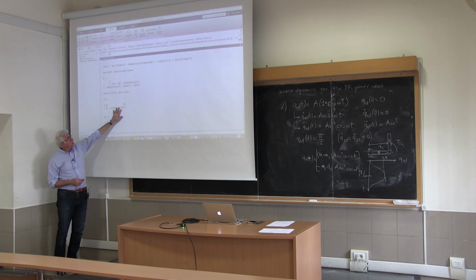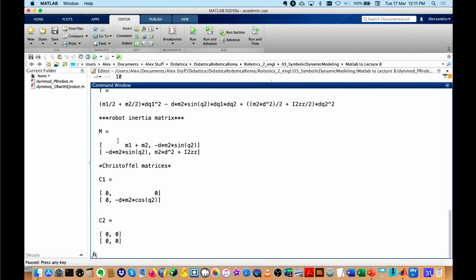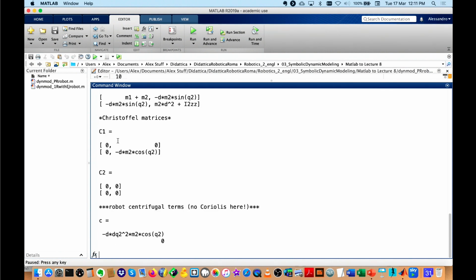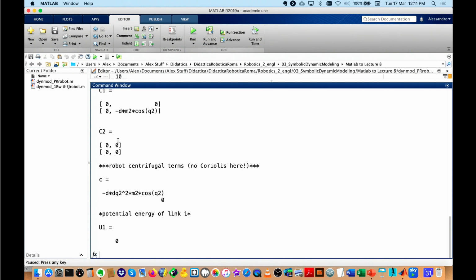You see that there's only one diagonal term below, so this will only give a contribution in terms of q dot 2 square, as we have seen. The second matrix is identically 0. This is the simplification that we've done before. So the centrifugal vector has only a contribution of the centrifugal term in the first joint and none on the second one.